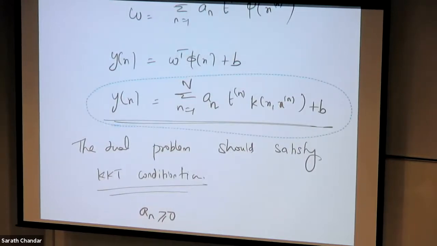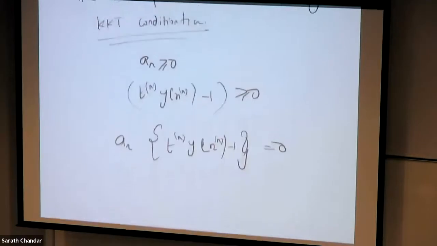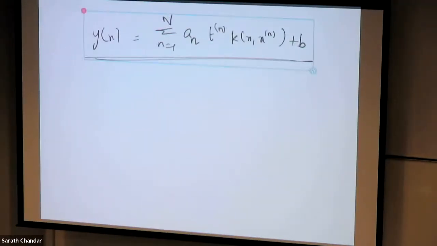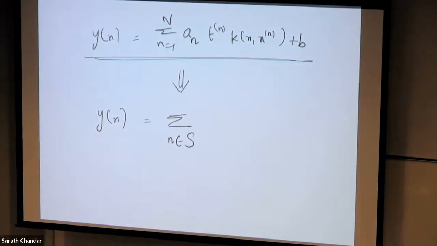I'm going to take this summation and change it to something simpler, which is y(x) equal to the summation over n belonging to a specific set of data points which are closest to the margin, a_n t_n k(x, x_n) plus b.